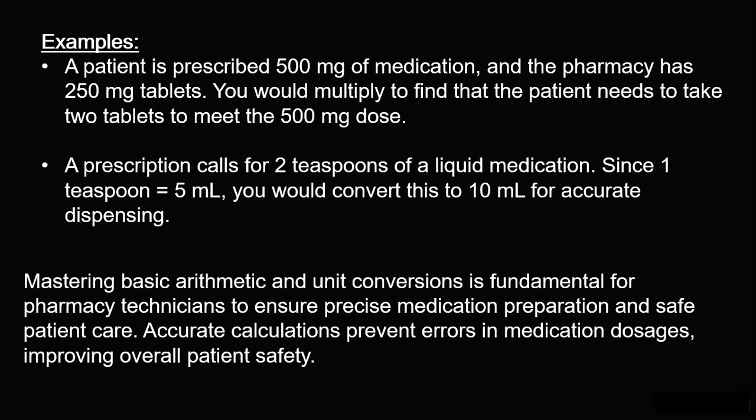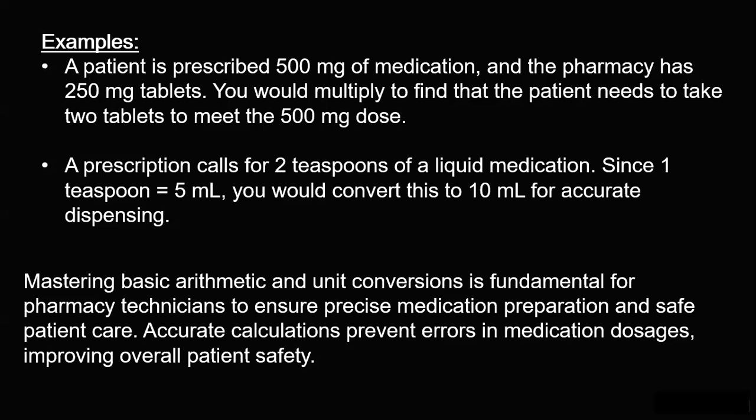You would multiply to find the patient needs to take 2 tablets. If the patient needs 500 milligrams and in the pharmacy you have just 250 milligrams, you multiply to find the patient needs to take 2, because 250 times 2 gives 500, which equals the actual prescription. It's as simple as that.